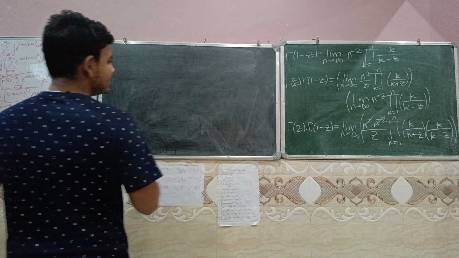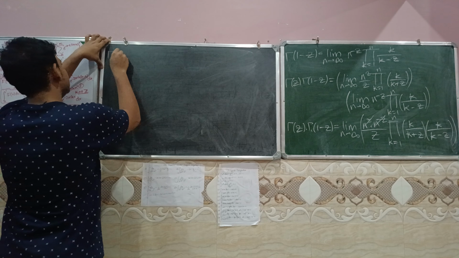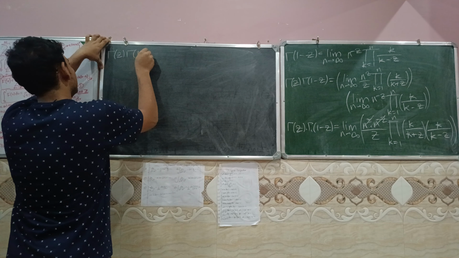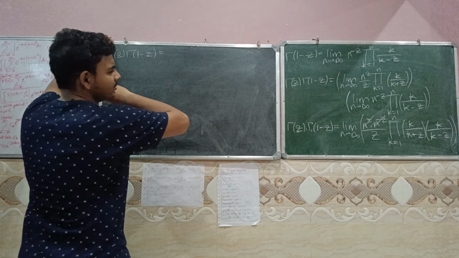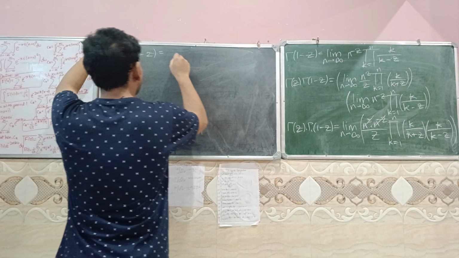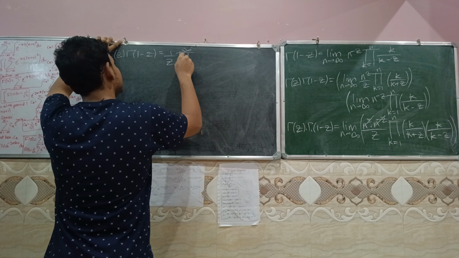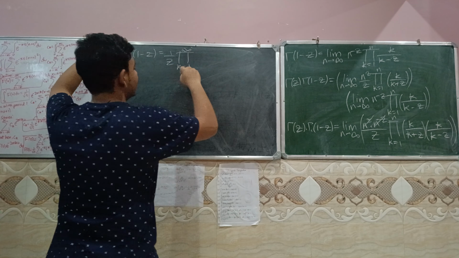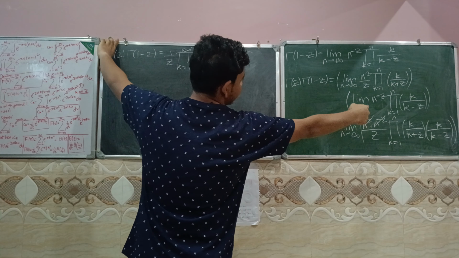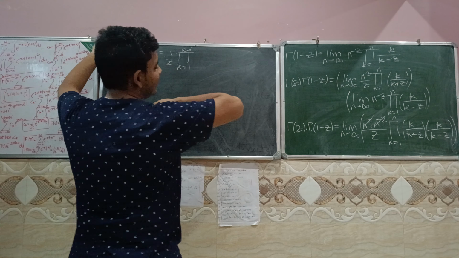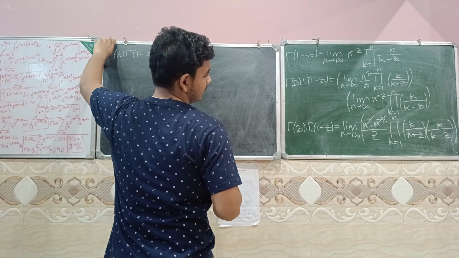Okay, so basically our gamma of z times gamma of 1 minus z comes out to be 1 over z times the product as k goes from 1 to infinity, because n is tending to infinity, so we can just plug in infinity as well.